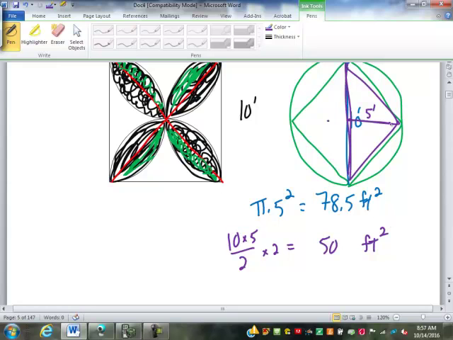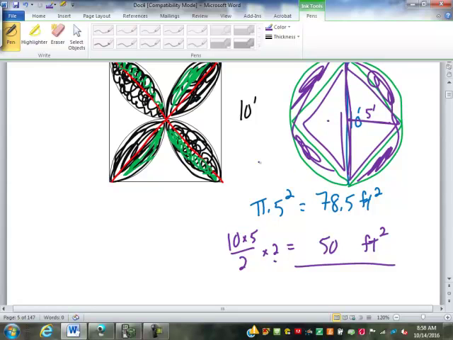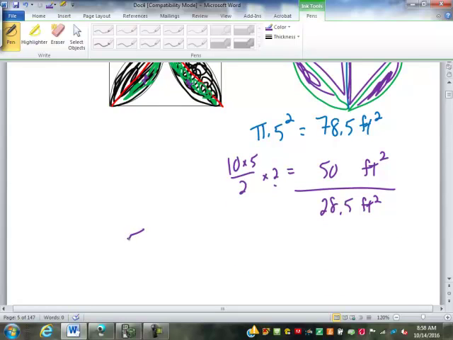This is 10 feet by 5 feet divided by 2 would be 25 square feet. Well, there's another one over here, so I multiply it by 2, so it's 50 square feet. So now what I've got there, this piece out here, what I colored in green here, is 28.5 square feet, which is exactly half of it. So times 2 is 57 square feet.